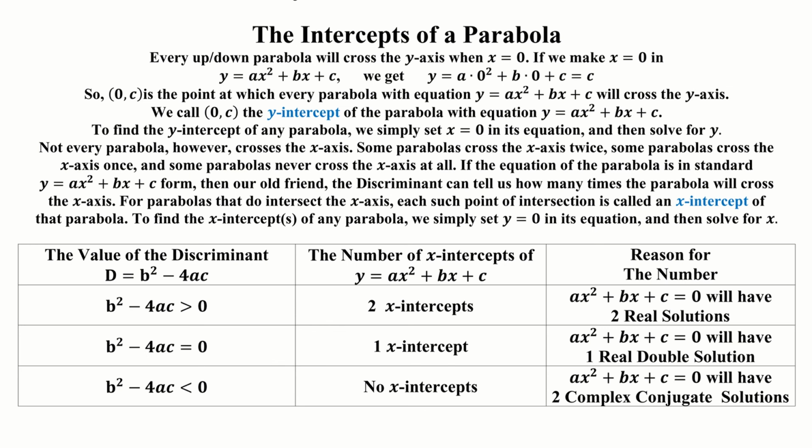All right, one of the things we need to understand about parabolas is, of course, when you graph any parabola, such as that, you know that there are going to be some places where it crosses the x-axis, possibly.